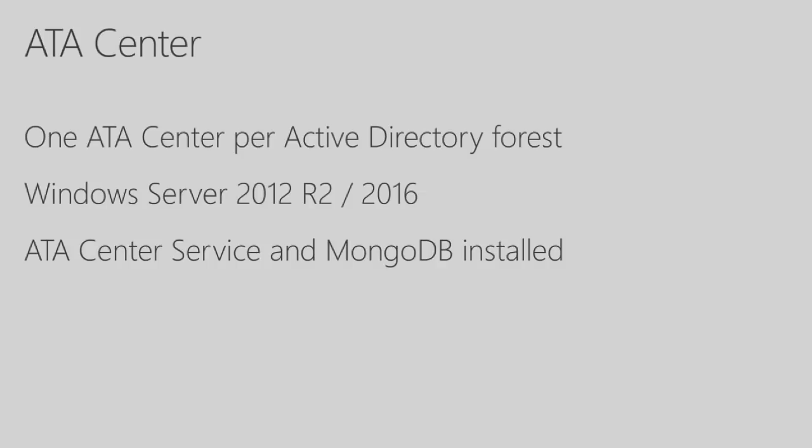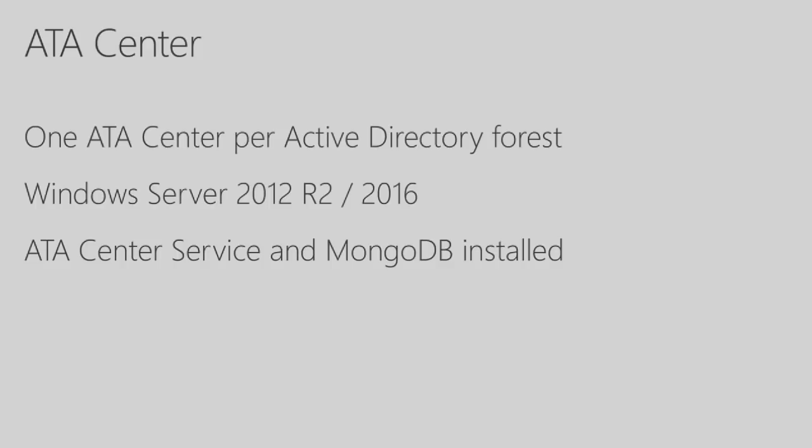Then you'll need to decide whether you'll deploy the center on Windows 2012 R2 or 2016. Both are good. The deployment process is basically next and finish, so I won't show that to you. As part of the deployment, we'll deploy the ATA Center service together with all the underlying components that we need.